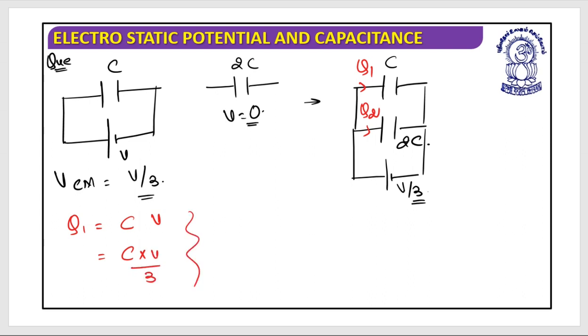Now let's write out Q2. This is C2 into V, which is 2C multiplied by V by 3, it's 2CV by 3. So Q1 is equal to CV by 3 and Q2 is 2CV by 3. I hope this is clear.